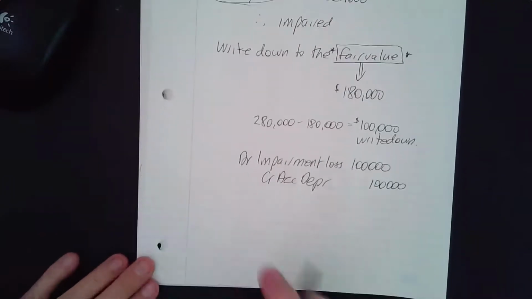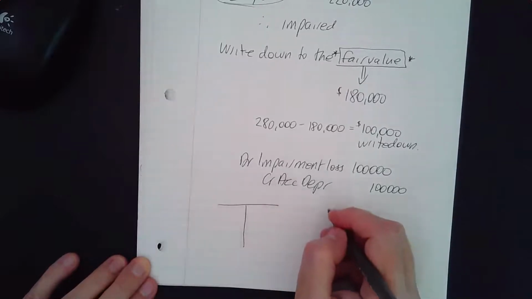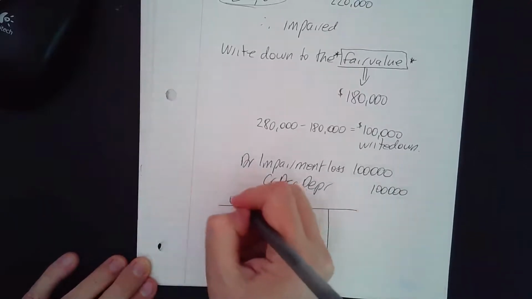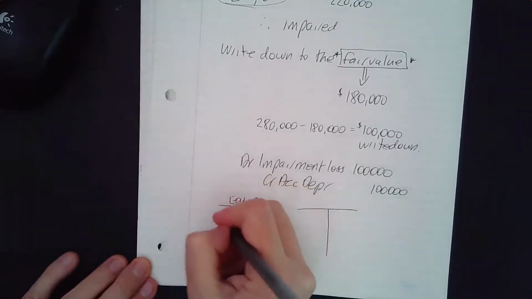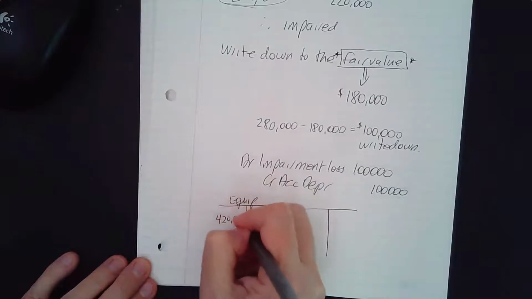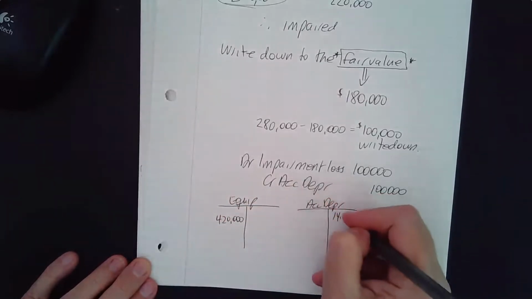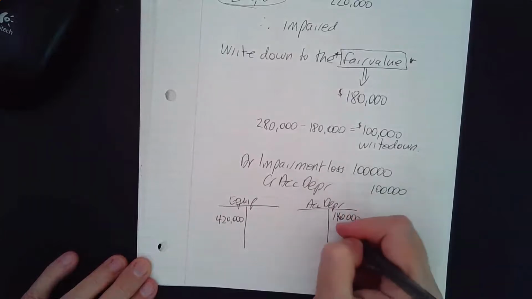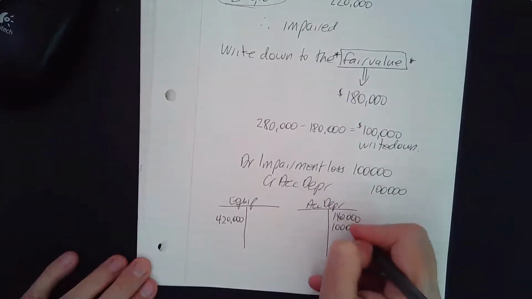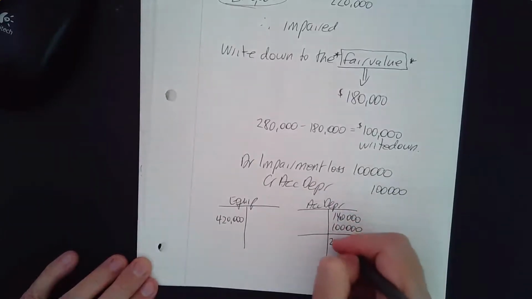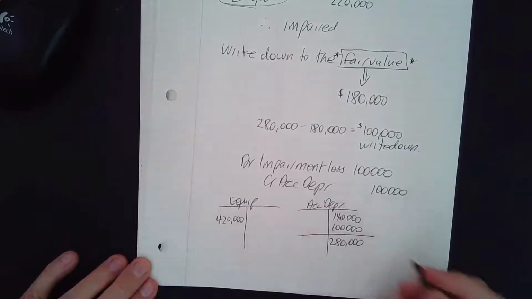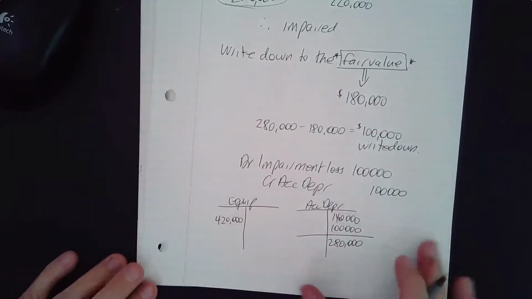And now let's do the T accounts at the end of year 2. This is the equipment. It would still be sitting at the 420,000. This is accumulated depreciation, 140,000, and then we're going to do the write down of 100,000. So this is 280,000. I hope I did that right.